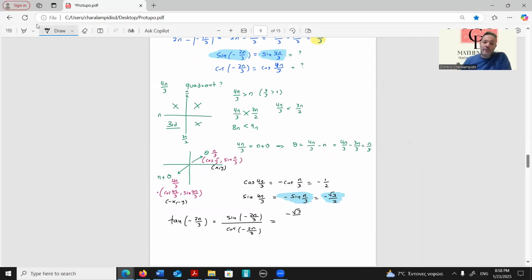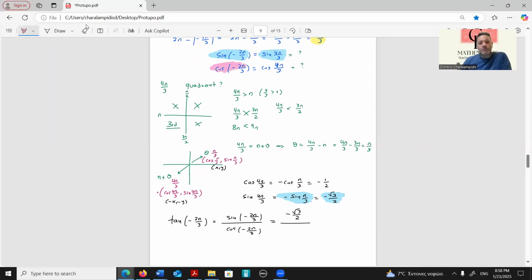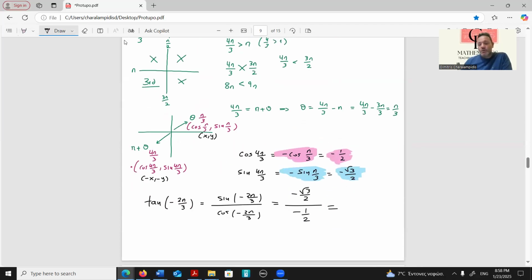So minus root of 3 over 2 over cosine of minus 2 pi over 3, which is the same as cosine of 4 pi thirds, which is minus cosine of pi over 3, which is minus 1/2. So over minus 1/2. Let me zoom in again. So minus and minus cancel out, and we end up with square root of 3.